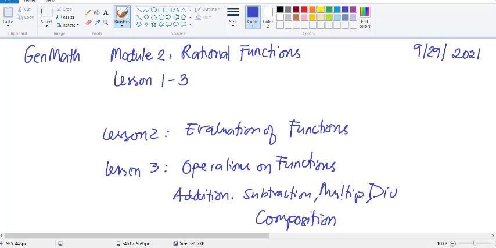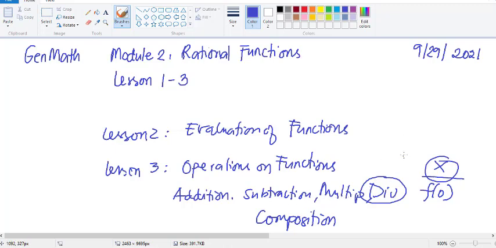For addition, subtraction, multiplication, and division, it's almost the same as the basic arithmetic operations. But for the division, meron lang siyang isang condition: the denominator should not be the zero function. Because any number, even if this number is a function, divided by 0 or the zero function is undefined. Okay?